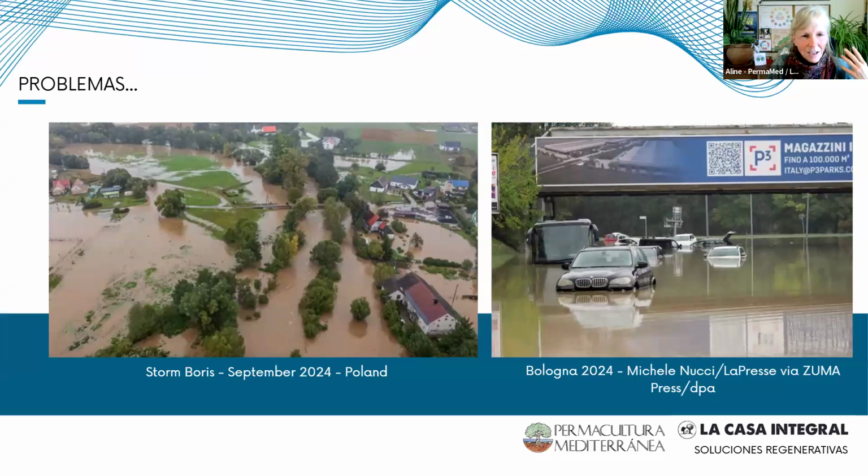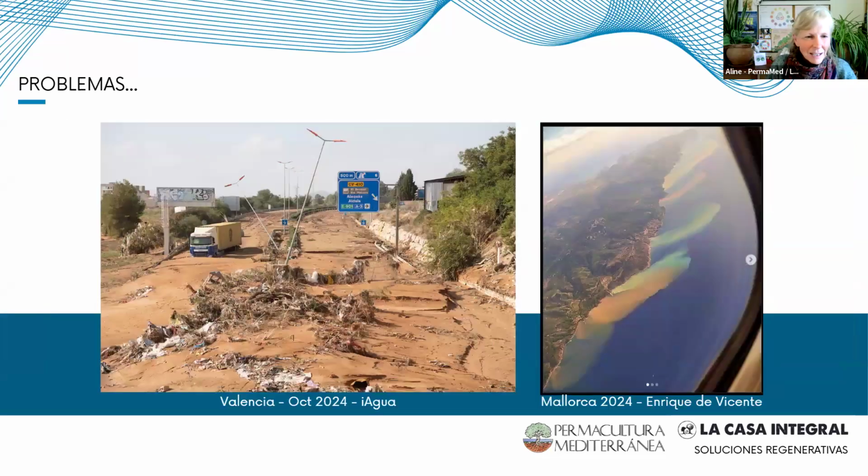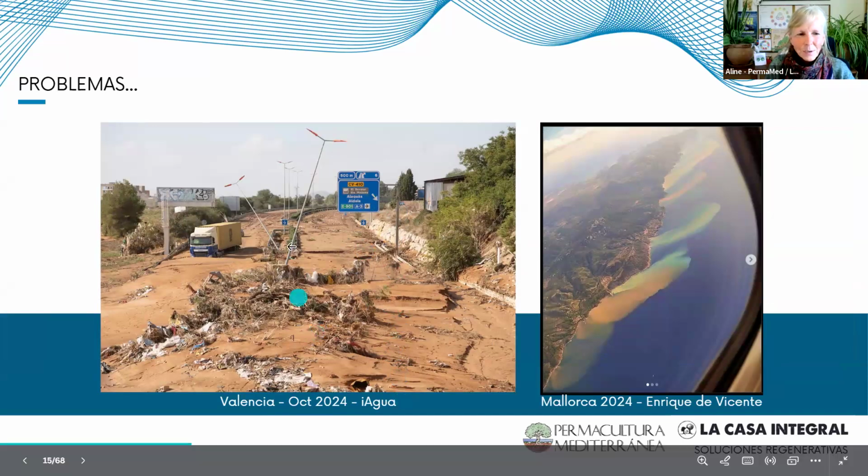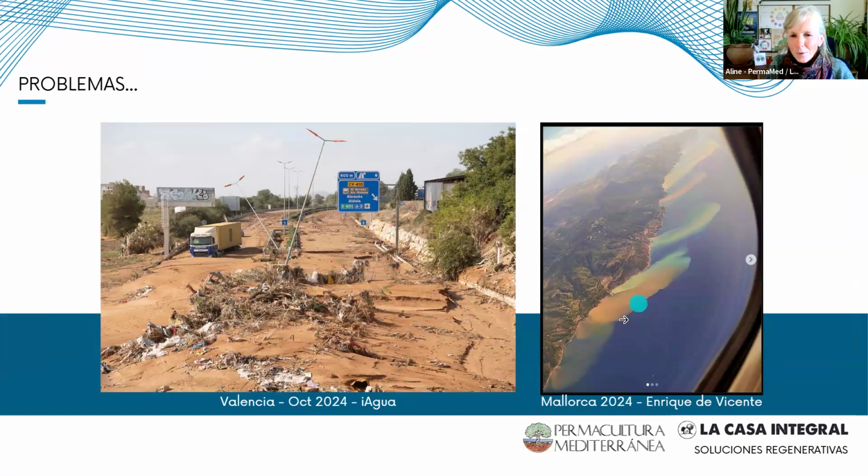So we have floods in Poland, floods in Italy, floods in Valencia, and it's not just the water that is so damaging. It is the whole of our fertile soil. This is our food. This is our food sovereignty. If we think that 95% of our food comes from the topsoil, actually 95% of our food comes from the fertile soil that is on the top of our fields and forests.